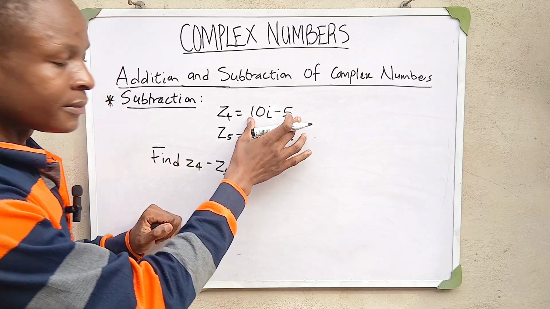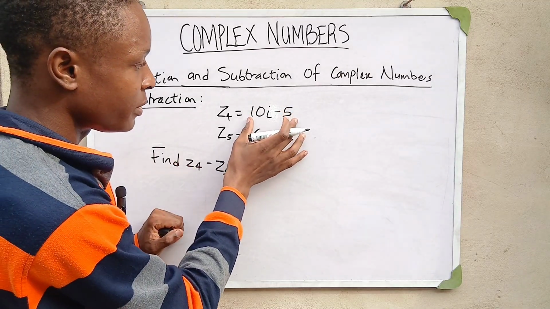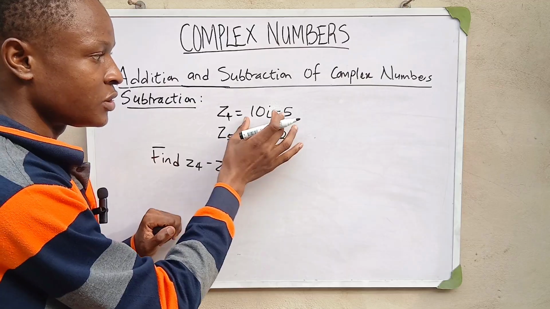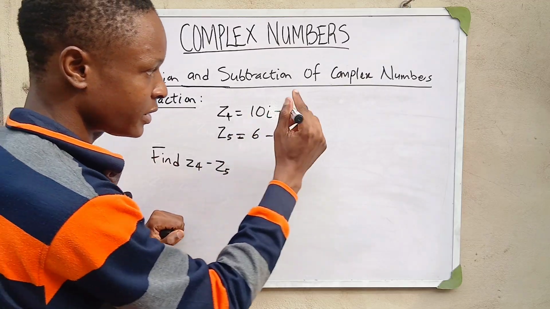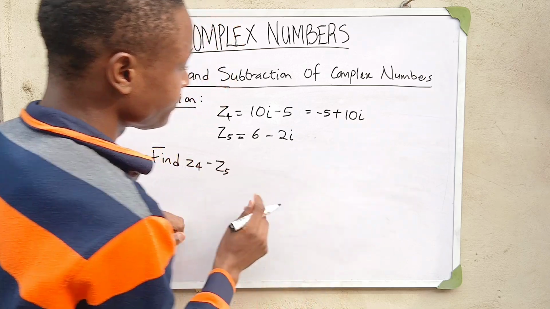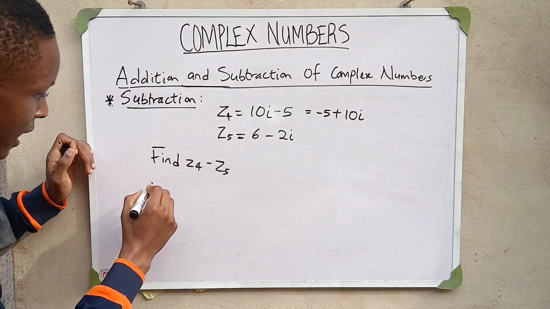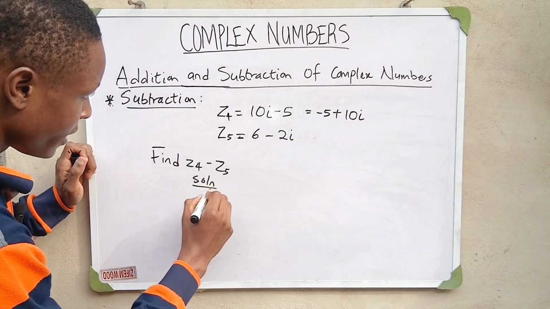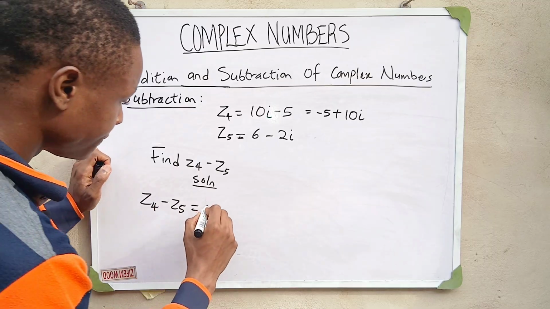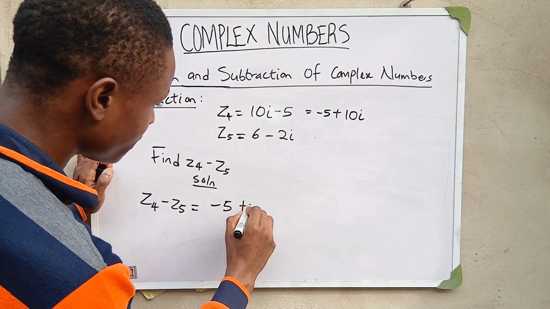Remember, in the normal format of a complex number, the real part always comes before the imaginary part. So we'll put this in the format for a complex number, which will be minus 5 plus 10i.